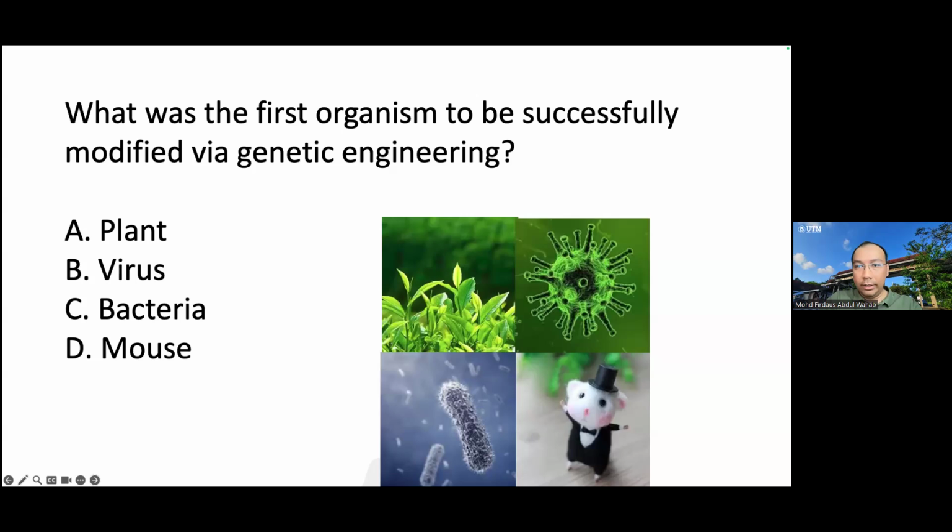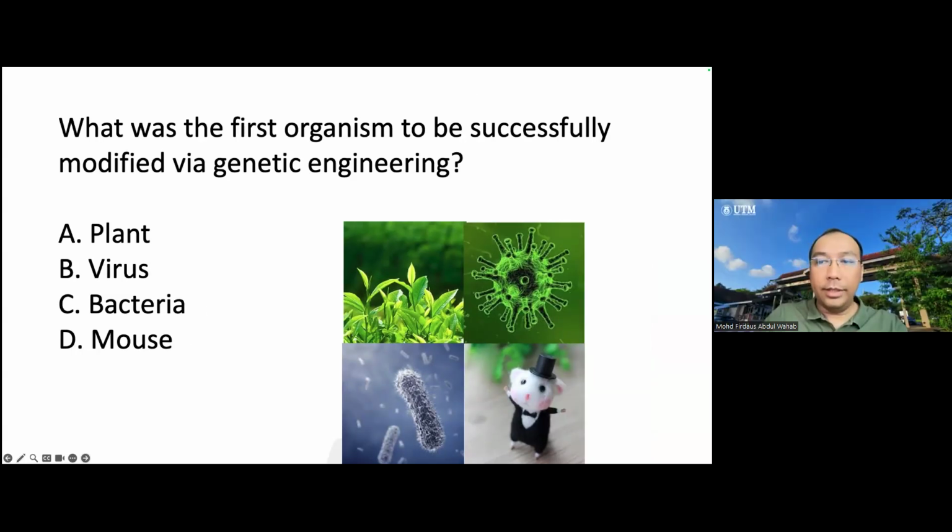So that was the first organism to be genetically modified using recombinant DNA technology, which includes insertion from one organism, non-bacteria, or maybe a different bacteria into E. coli.